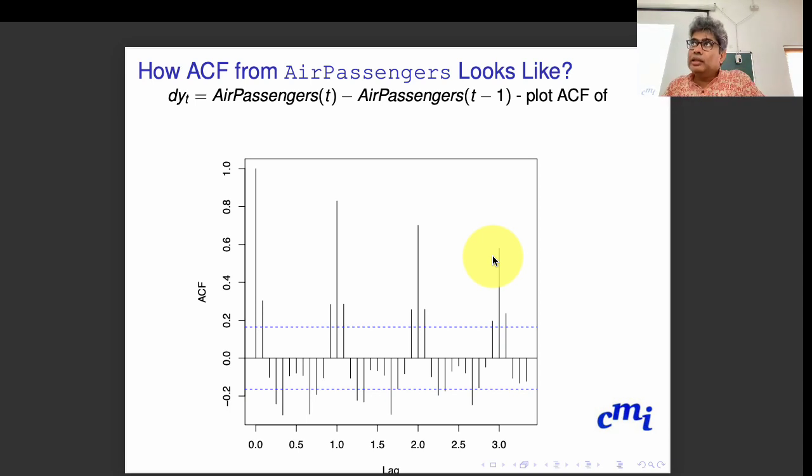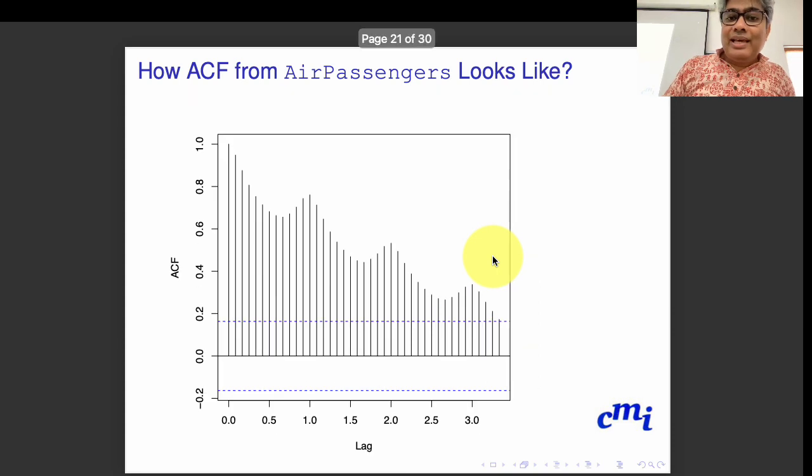But I'll tell you one thing. If you go back, remember the air passenger data set was highly non-stationary because it was constantly going up, right? Because it's non-stationary, the ACF plot behaves very weirdly.